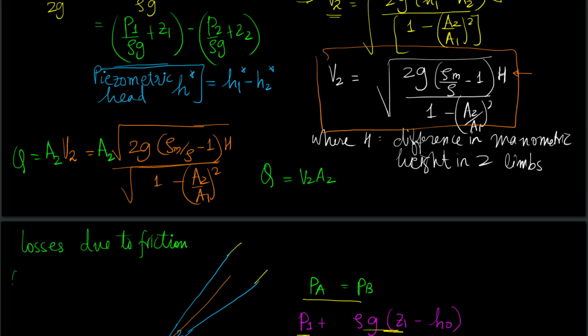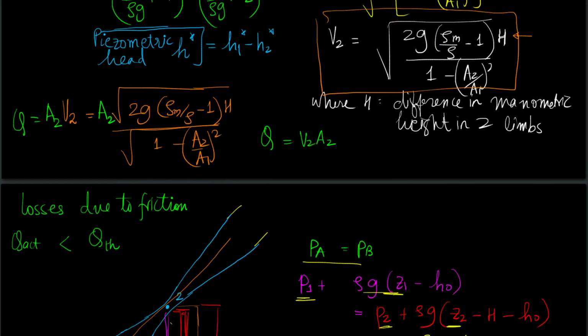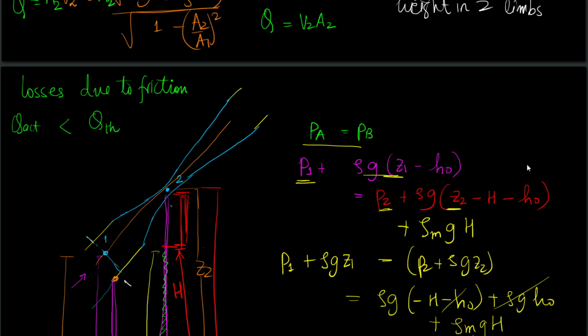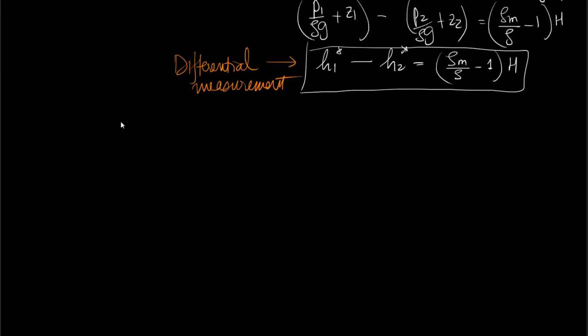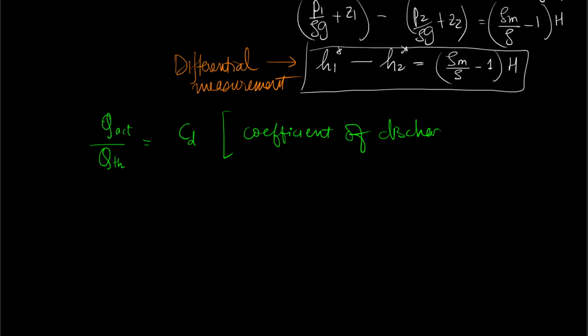So the actual flow rate will be lower than the theoretical flow rate, and this ratio of the actual flow rate to the theoretical flow rate is called the coefficient of discharge. It is called CD, the coefficient of discharge.